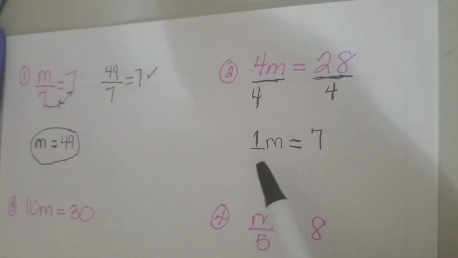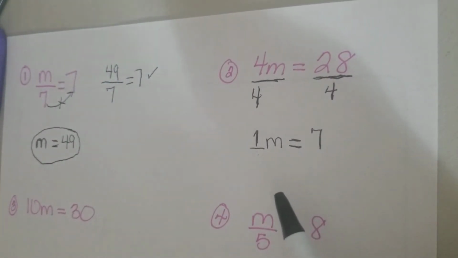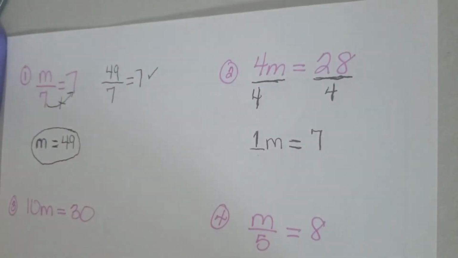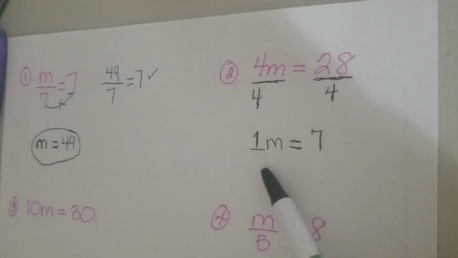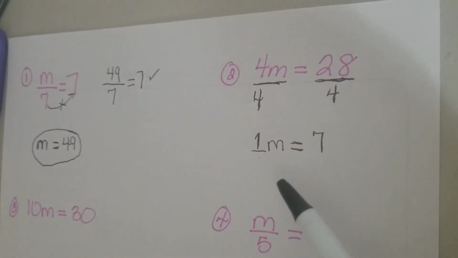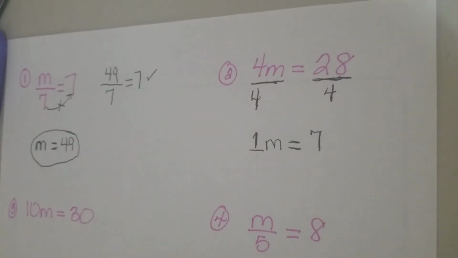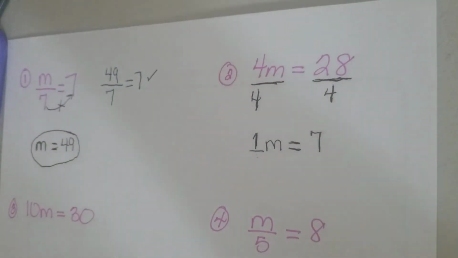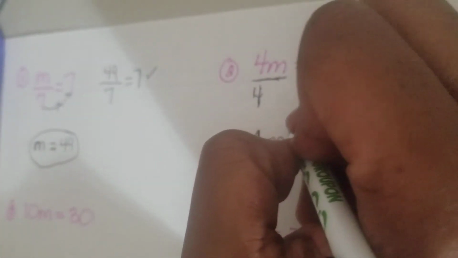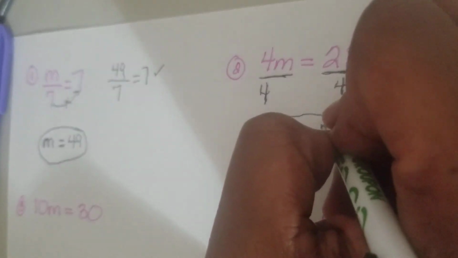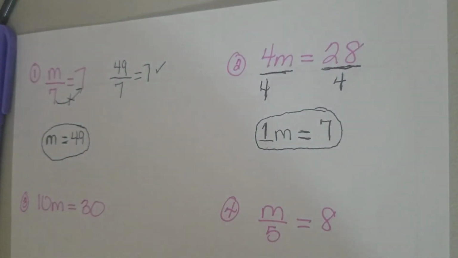You can put the 1 if you would like to, but it is not necessary when you're putting in your answer. If you want to do that extra step, say 1m, you divide by 1, and you still get 7. It is still the same answer. If you have an m by itself or 1m, your answer is still correct.